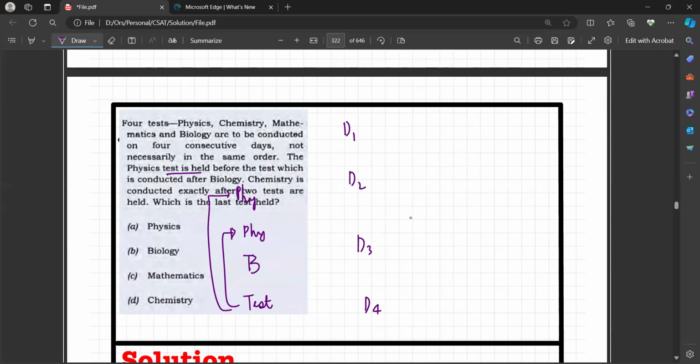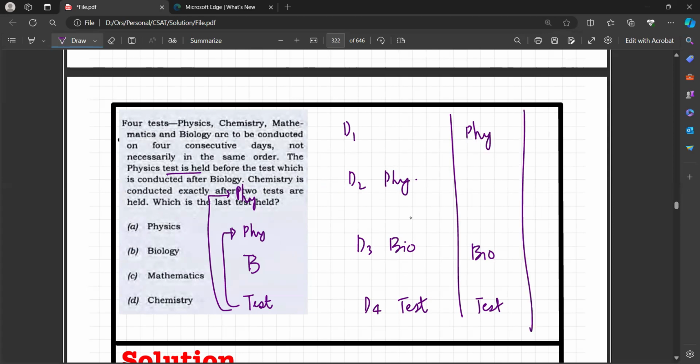So one case is physics here, bio here, and the test here. Or the test here, bio here, physics here. Or another case can also be there, where physics happens here, bio here, and the test here.